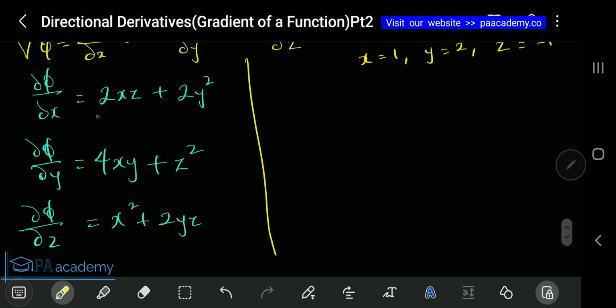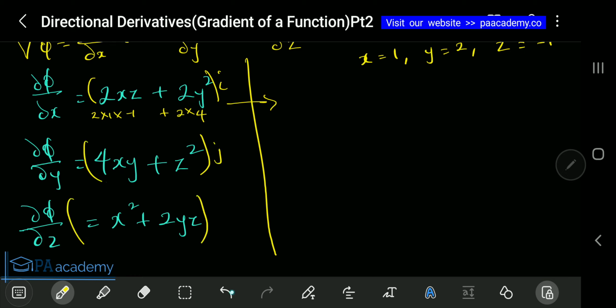Alright, so at point x, y, and z, this is going to be 2 times x, which is 1, and then z is minus 1, plus 2 times y, which is 2, so 2 squared will be 4. With this now, I forgot to add, this would be i, j, and then this would be k.